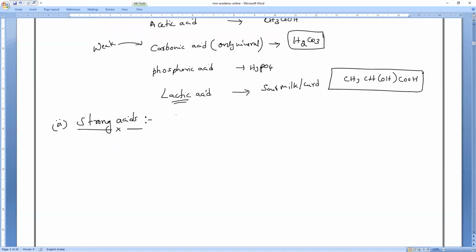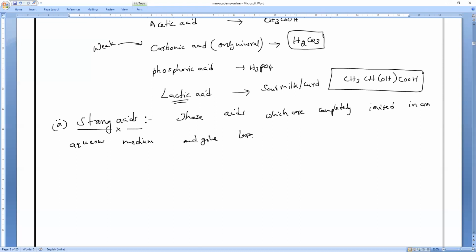Strong acids are those acids which are completely ionized in an aqueous medium, when dissolved in water, and give a large number of hydrogen ions.